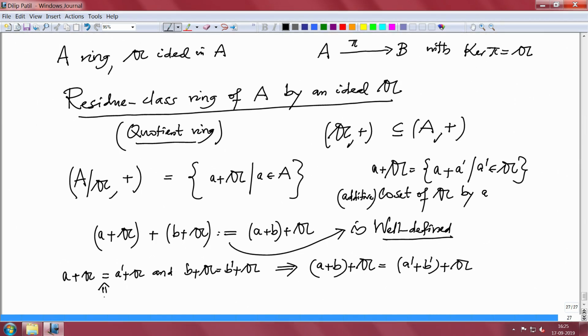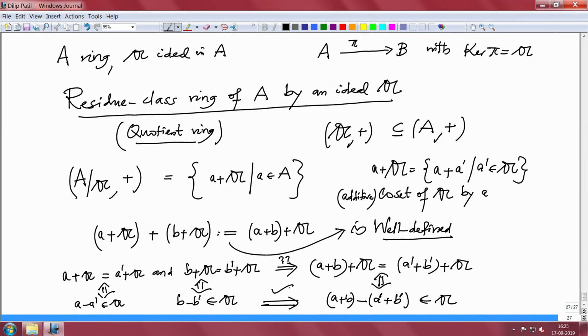This is equivalent to saying a − a' belongs to 𝔞, and b − b' belongs to 𝔞, and this is equivalent to saying (a + b) − (a' + b') belongs to 𝔞. This is what we want to check. We want to check this, but we have been given this. So when you add them, you get this. That is obvious. Therefore, this operation is well defined.